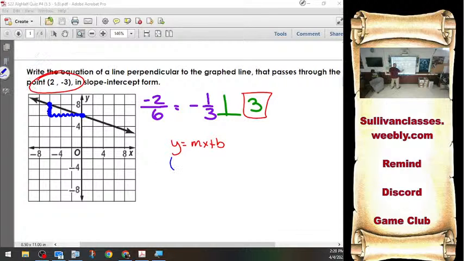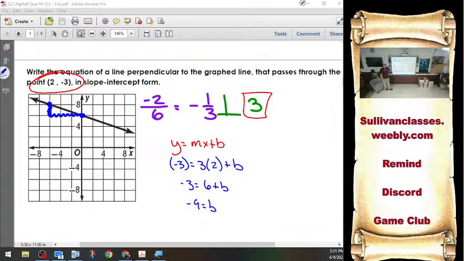I got a y. I got an m. I got an x. Go find b. Multiply. Subtract. Move on to the next page.